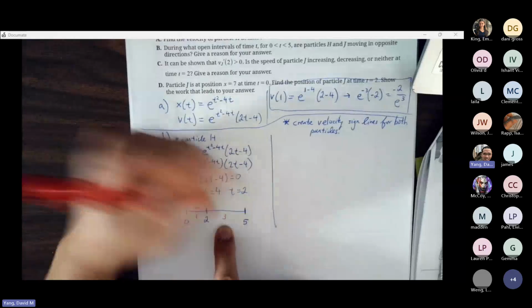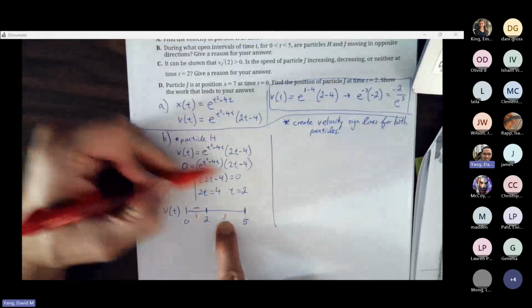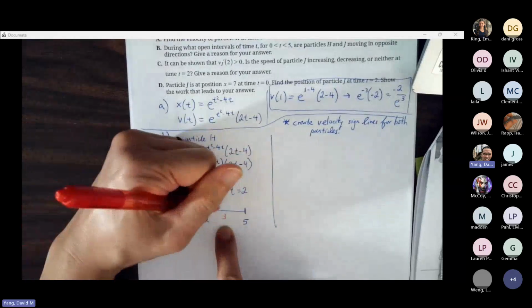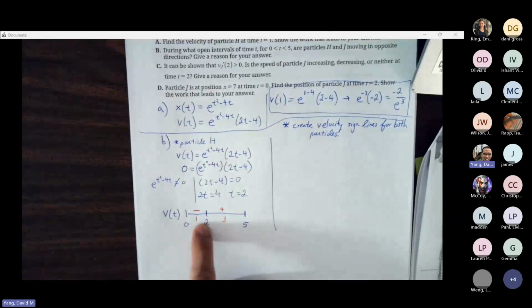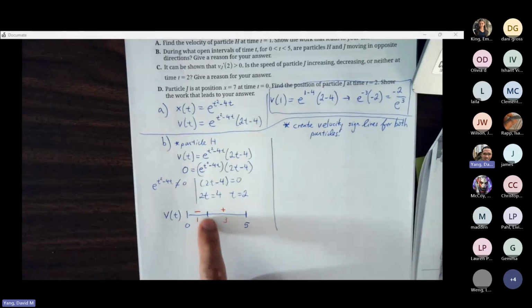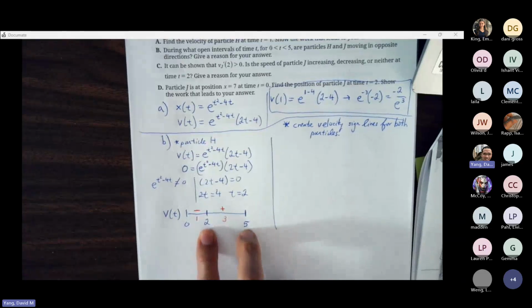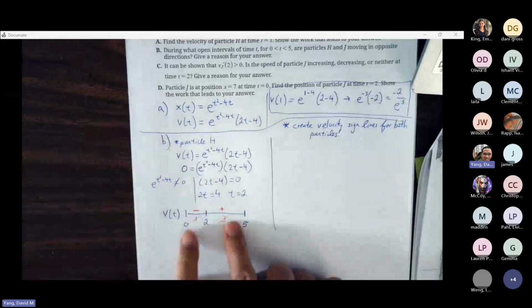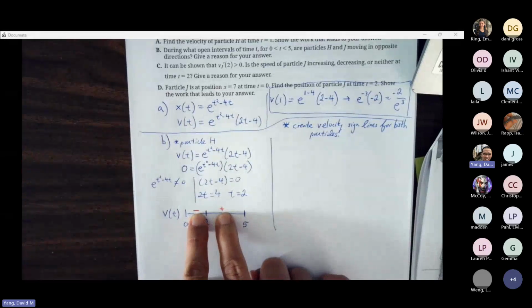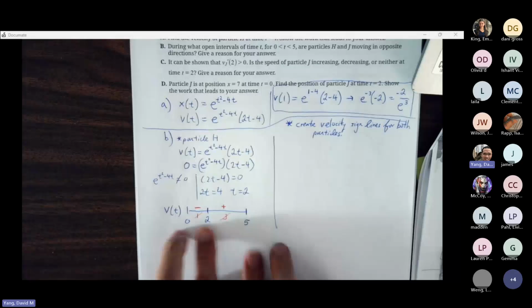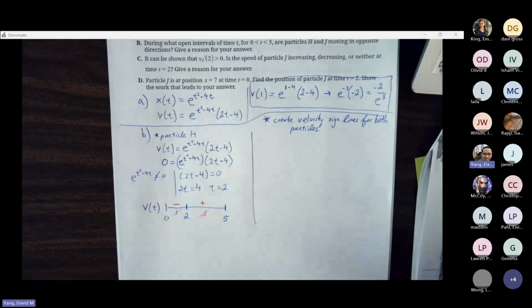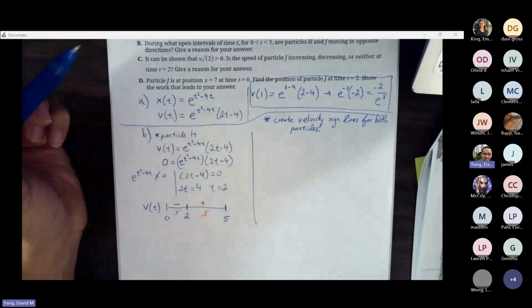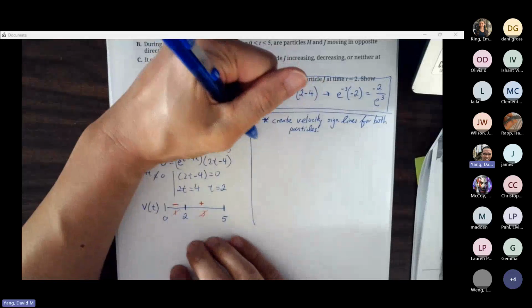If I plug 3 in to test, 2 times 3 is 6, 6 minus 4 is 2, that's positive. So this is my sign line. Particle H is moving left for the first 2 seconds, then stopping, turning around, and moving right for the next 3 seconds. Now I don't care about these test points anymore; they just help me fill out the signs. My interval is from 0 to 2 moving left, and from 2 to 5 moving right. We'll keep that there so we can reference it when we compare with particle J.